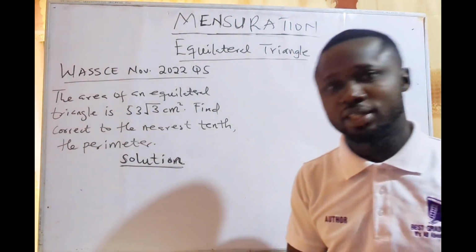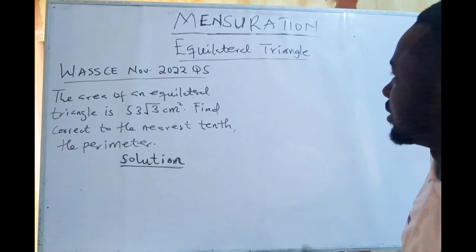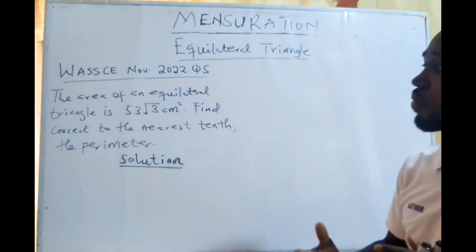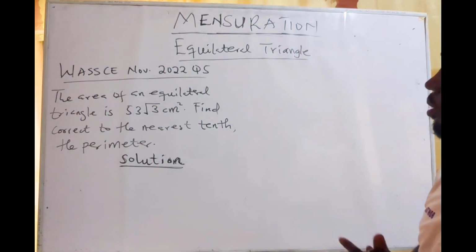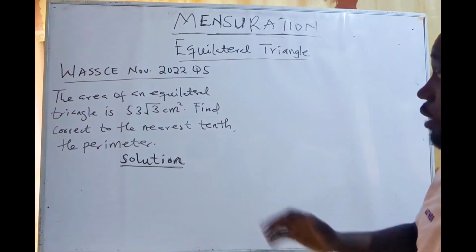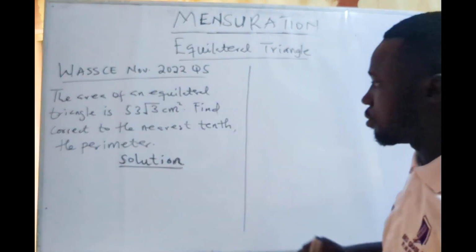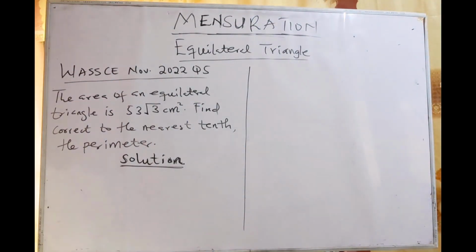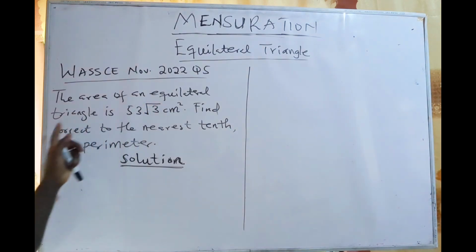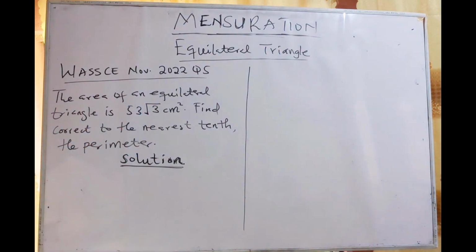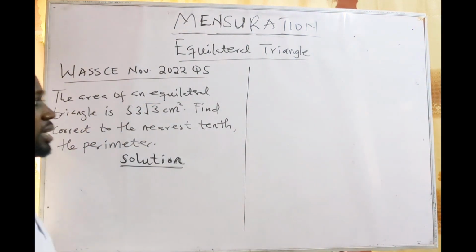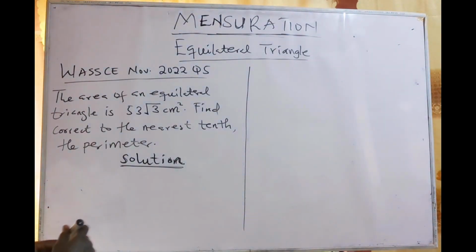The question is so short, but the working it demands is not that short, but it's so simple. With this we are going to draw our triangle. You said the area of an equilateral triangle, and in an equilateral triangle all the sides are the same, so we are given the area.